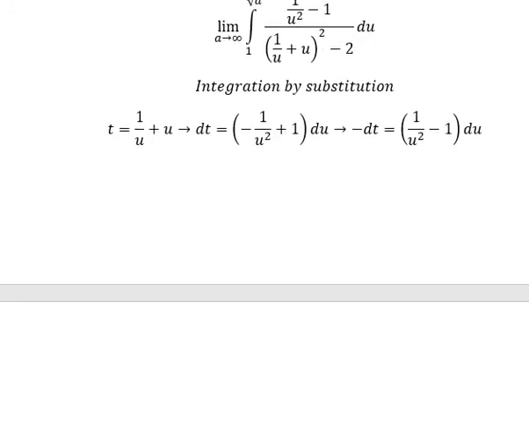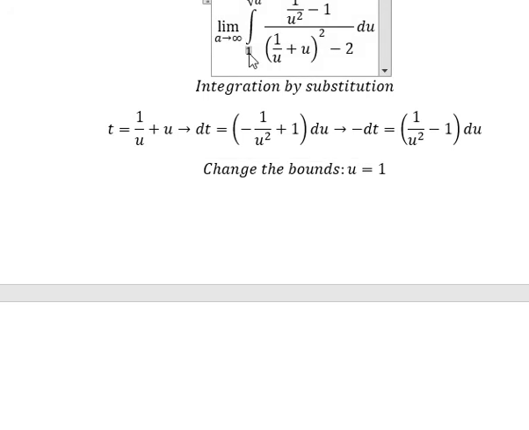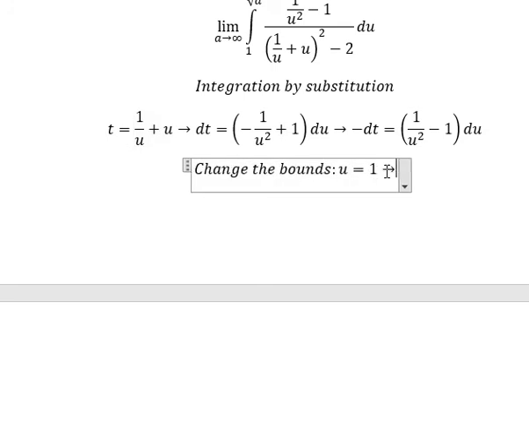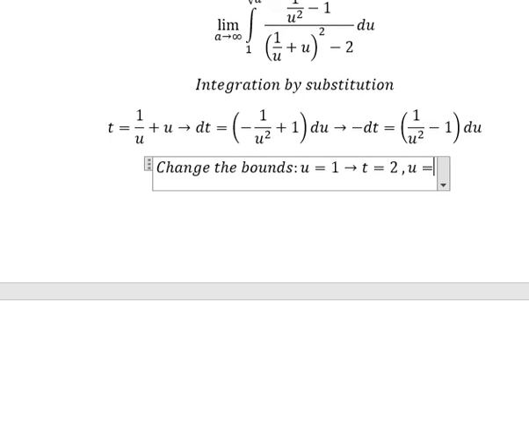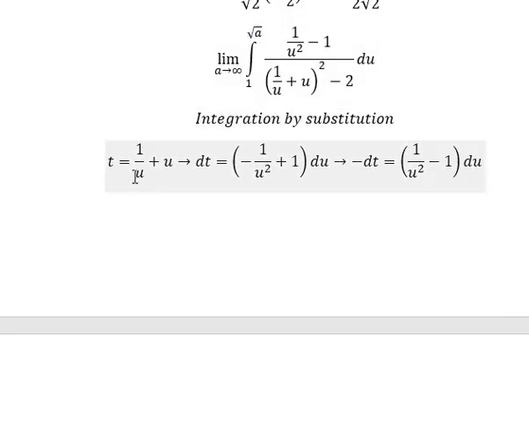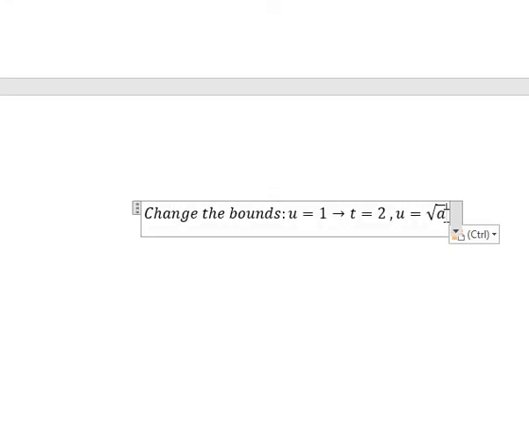Next, we need to change the bounds. When u equals number 1, that is in here. So I will put number 1 going here, and we can find the value of t when u equals the square root of a. We put the square root of a going here, and we have the value of t.